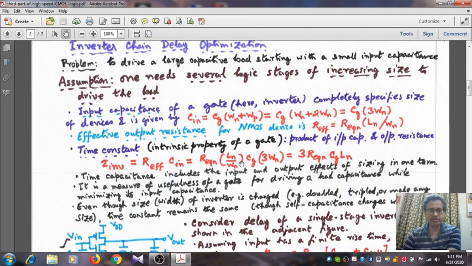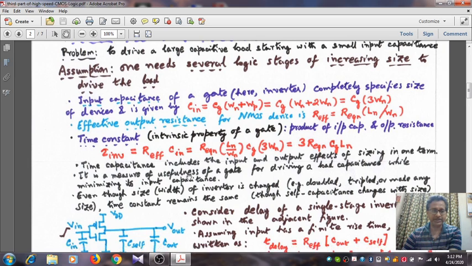That is Cin equal to Cg into 3W1, and what is the output resistance? It is R equivalent into Ln by Wn. So that becomes 3 R equivalent Cg Ln. As a convention, when we define the time constant of a gate, we are assuming that we are applying a linear positive going ramp at the input, so we are considering as the effective resistance that of the NMOS transistor.